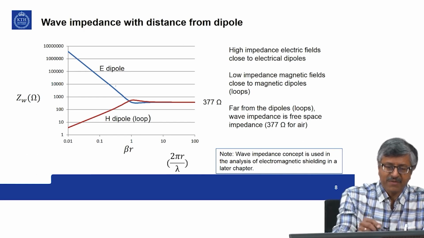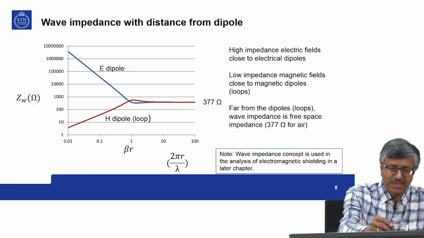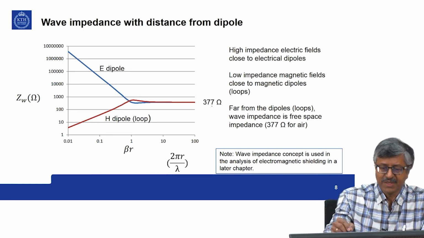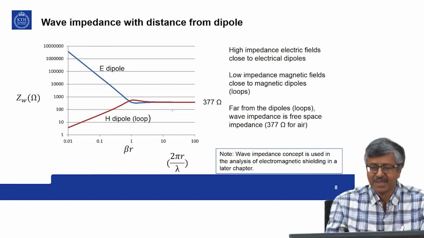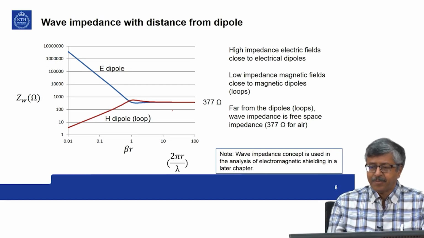So, high impedance electric field and low impedance magnetic field. Free space impedance will be 377, far from that. So, this is in free space, not in metal. So, wave impedance concept is used in the analysis of electromagnetic shielding.